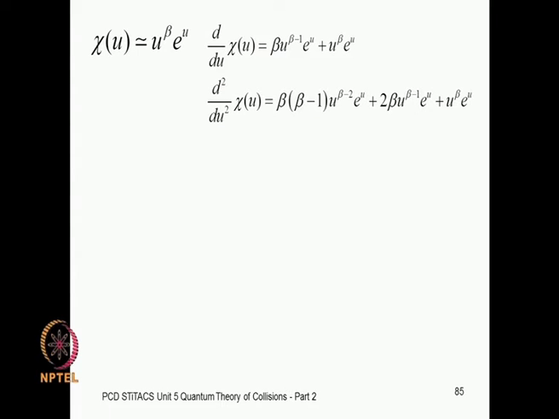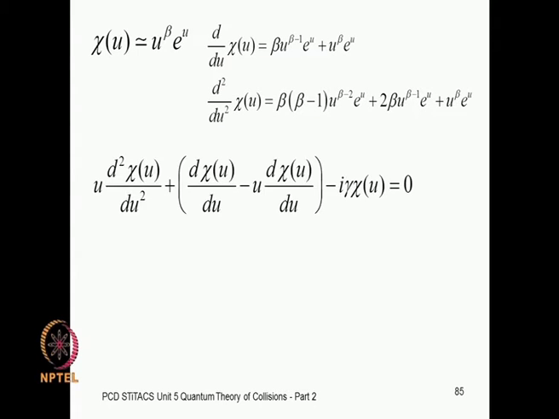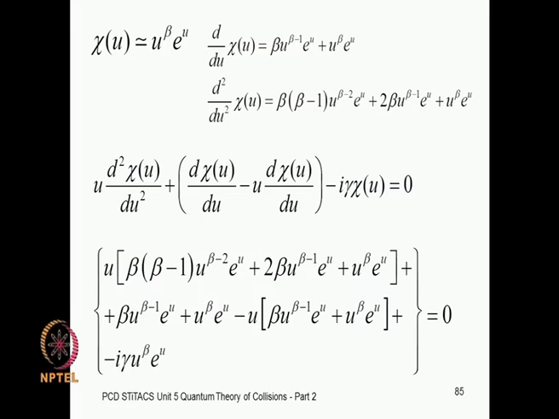You have both the first and the second derivative, which will now go into the Schrodinger equation, or rather the differential equation for chi, which has exactly the same information as was there in the Schrodinger equation itself.